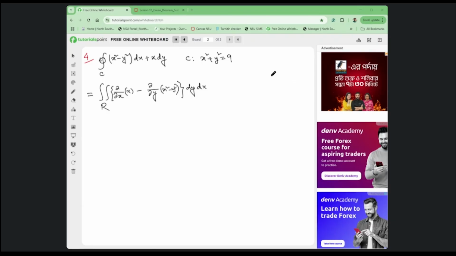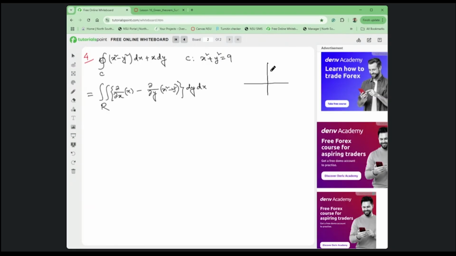Okay, so here now, if we look at the region R, it indicates a circle of radius 3.